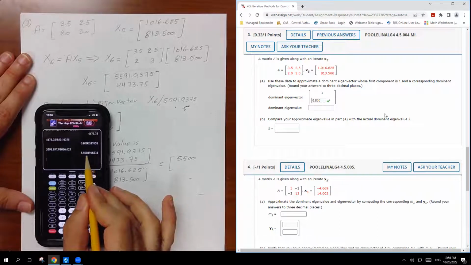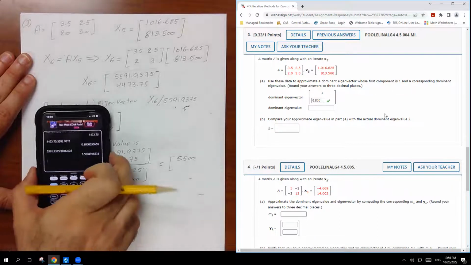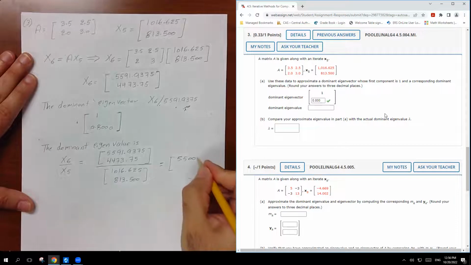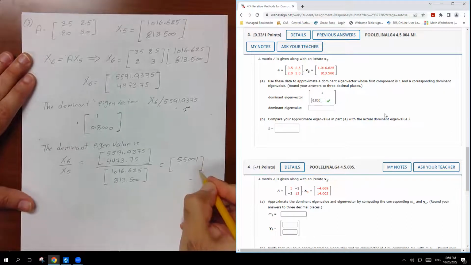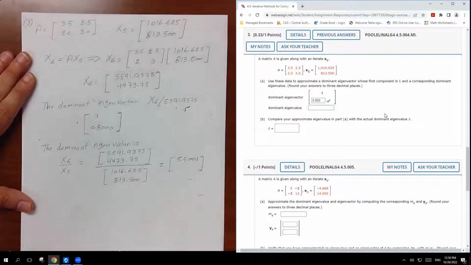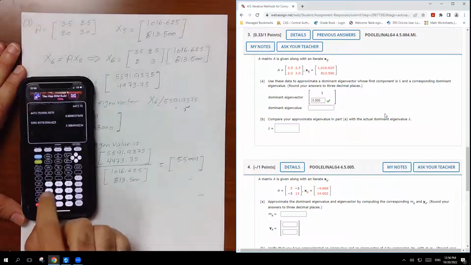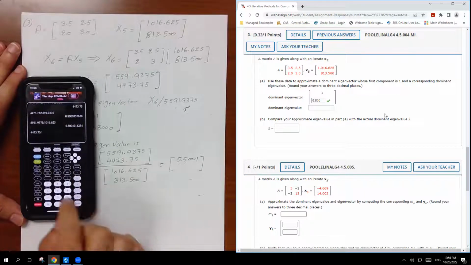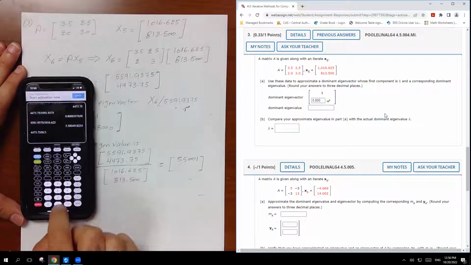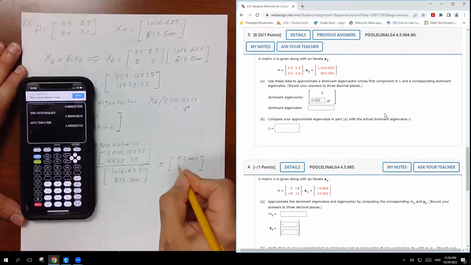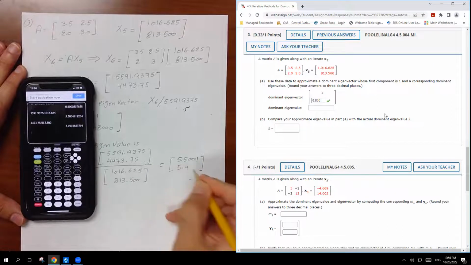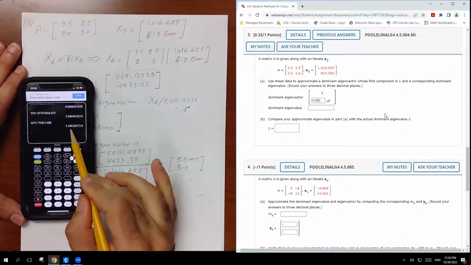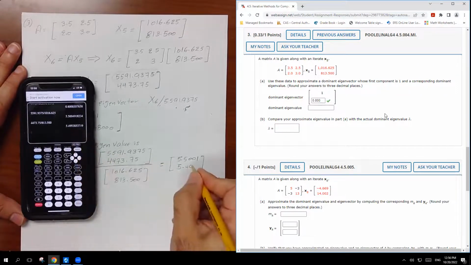So 50, we have to add 1 here. Let's type it like this. And let's divide the second one, 4473.75, by 813.500. It is going to be 5.4 and 499.